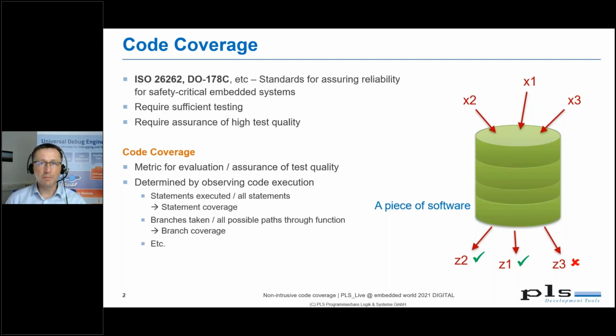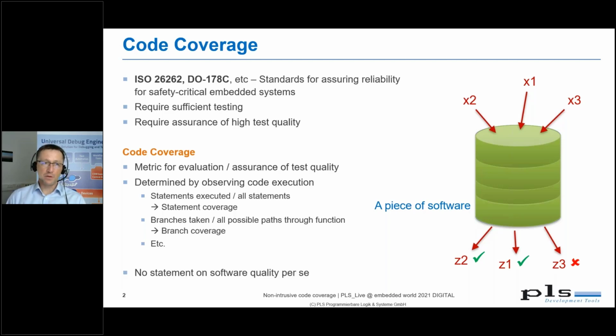But the statement coverage itself tells you nothing about the conditions in the code. To ensure that also all the paths of the conditions are tested, you will need at least a branch coverage, which gives you the information about that. The branch coverage gives you the ratio between the taken branches compared to the overall number of possible paths through your code.